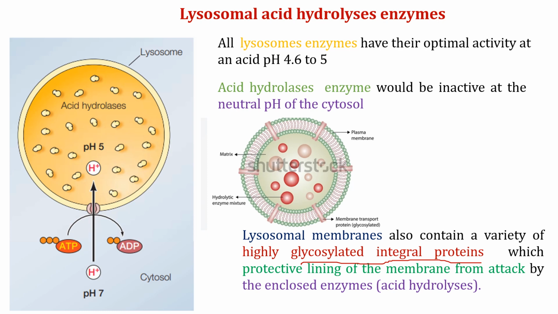Glycosylated proteins means the proteins have carbohydrate chains added, which was discussed in my previous video. Please check the description box for more details. The carbohydrate chains are thought to form a protective lining that shields the membrane from attack by the enclosed enzymes, that is the acid hydrolases.